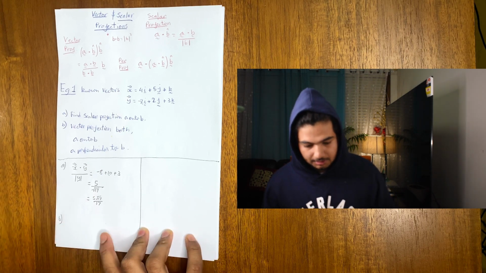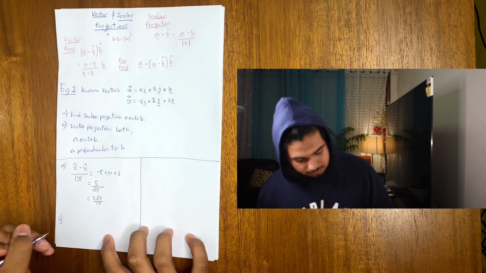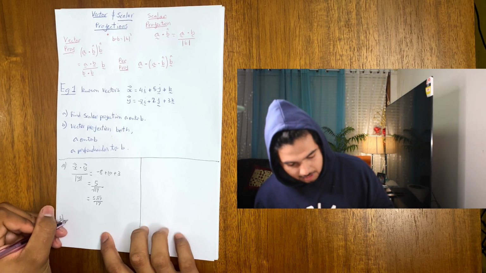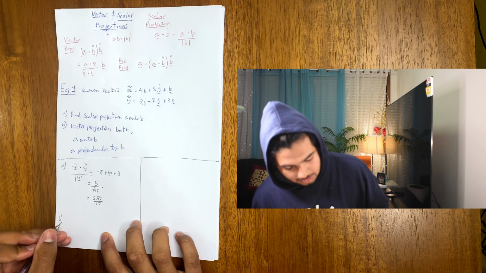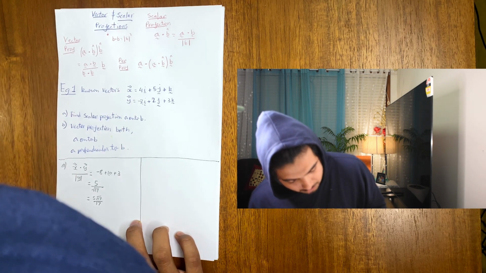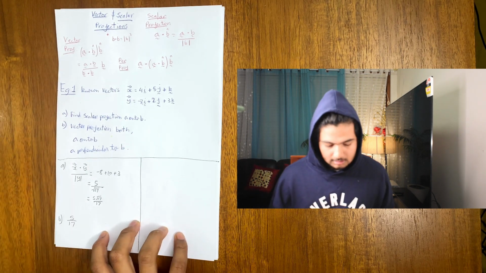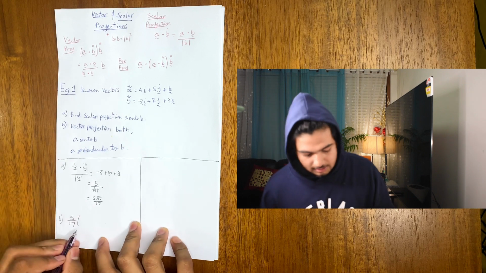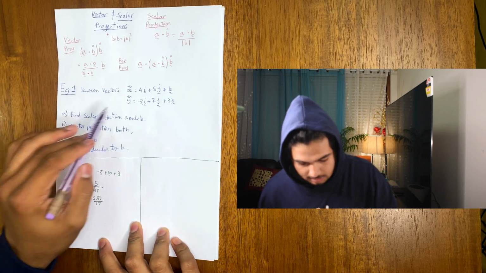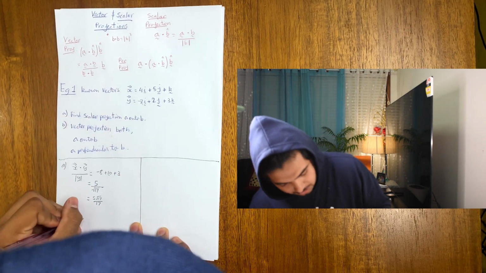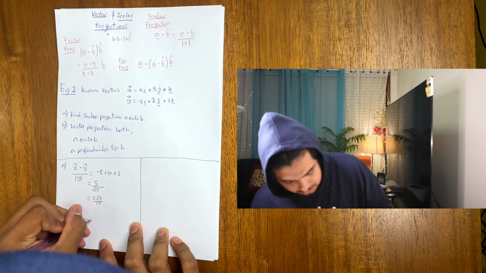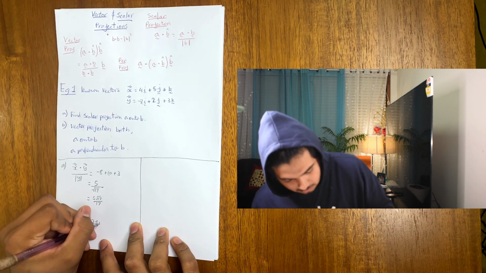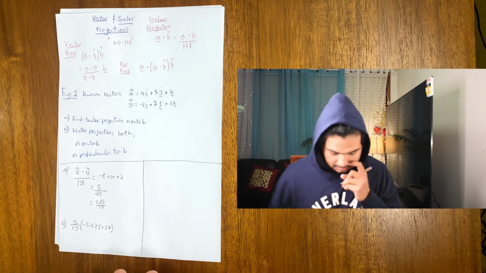So let's rewrite this as x dot y, 5 on 17, brackets vector y, negative 2i plus 2j plus 3k.